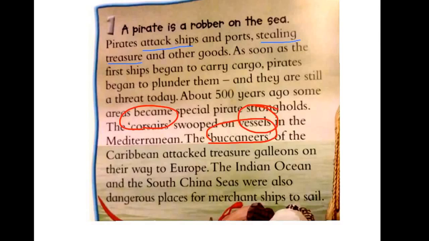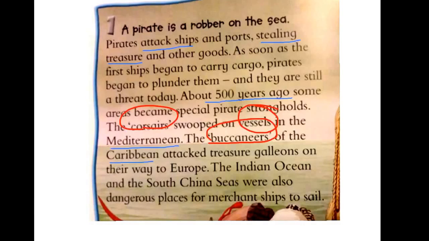and that's told us what they do, and now it starts to talk about how they went about it. So it first happened 500 years ago, quite a long time ago, and there were some special areas where pirates liked to operate, and one of those was in the Mediterranean and another one was in the Caribbean.